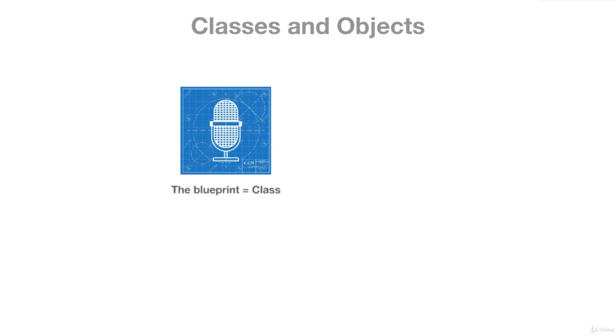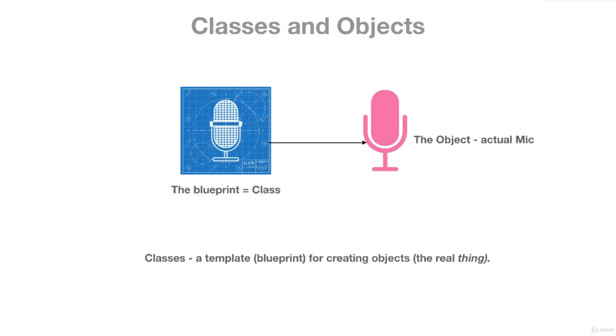So we have the blueprint, the class, and then we have the actual object. That's it. That's the simplicity of things. So a class is a template, a blueprint for creating objects, the real thing. Without classes, we don't have objects because we need to have that map, that blueprint.